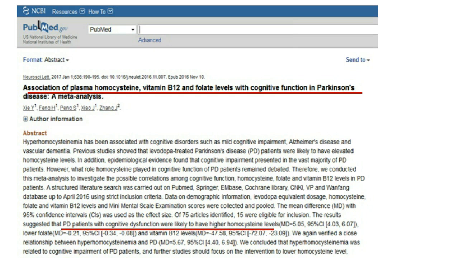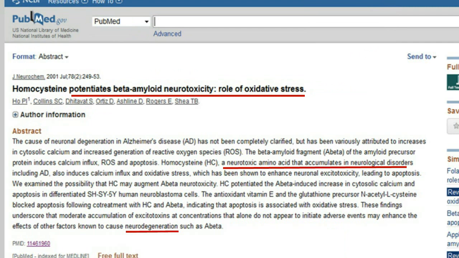This particular study looks at the amyloid plaque, beta amyloid neurotoxicity, neurotoxic amino acids accumulating in neurological disorders and causing neurodegeneration. Again, getting back to a possible role of environmental toxins leading to homocysteine.